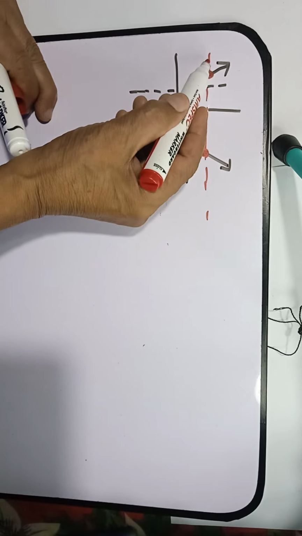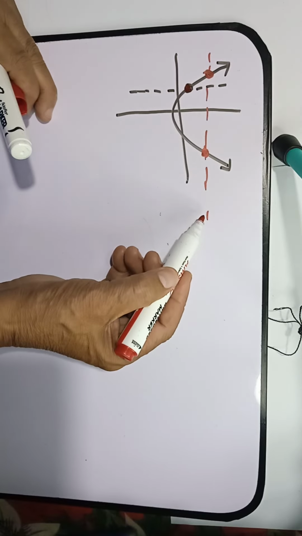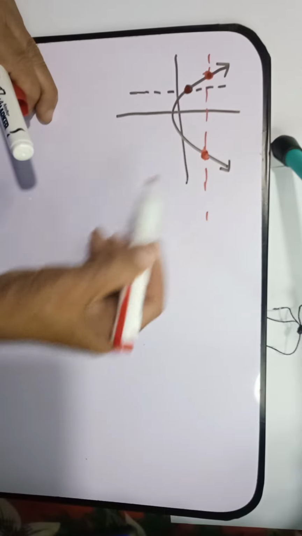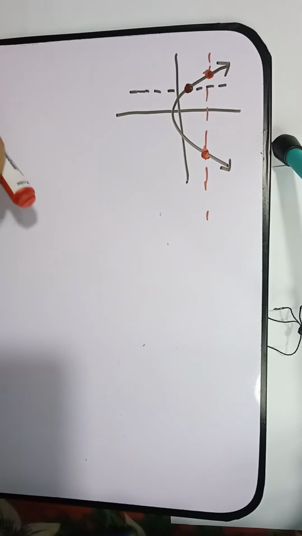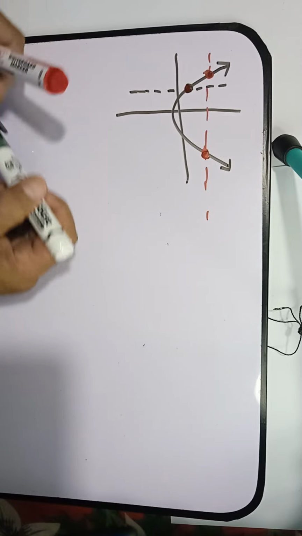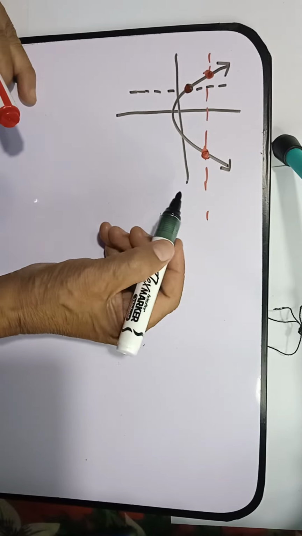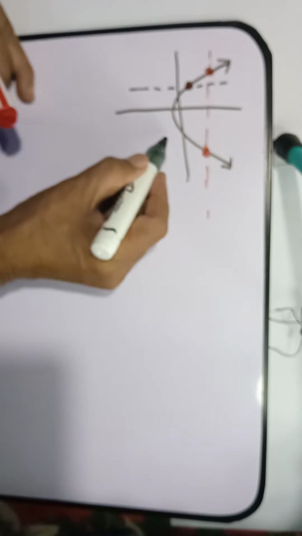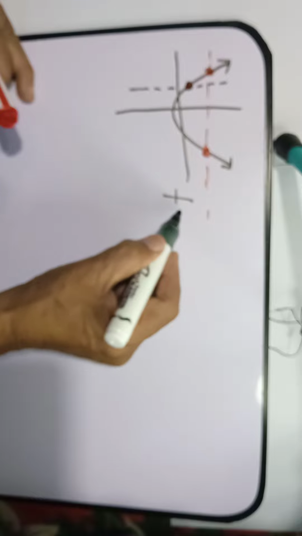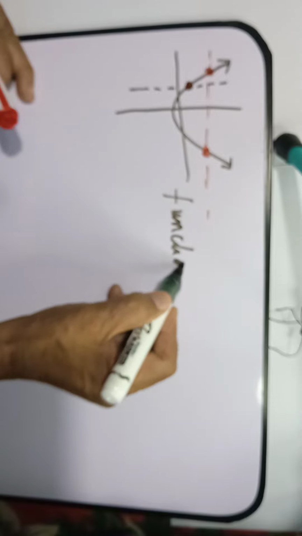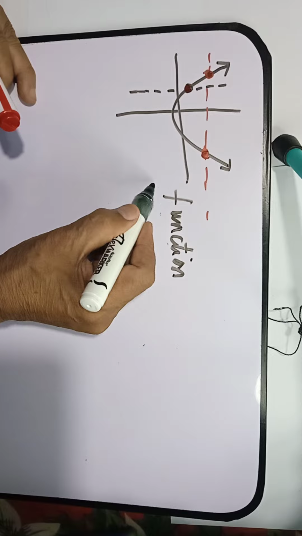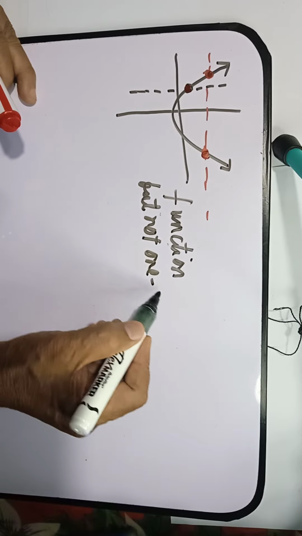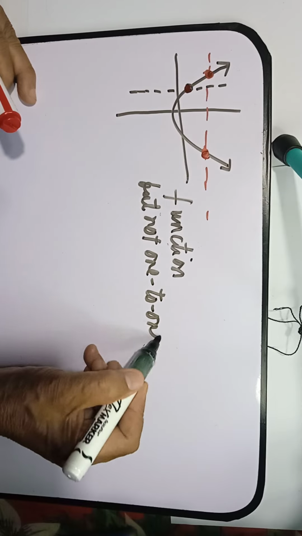But when we draw a horizontal line on the graph, it passes through 2 points, and therefore this does not satisfy the horizontal line test. This is a function, but not one-to-one function.